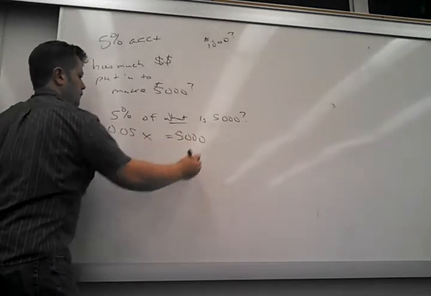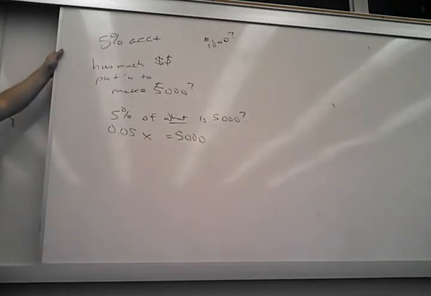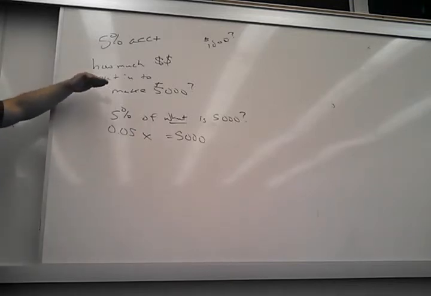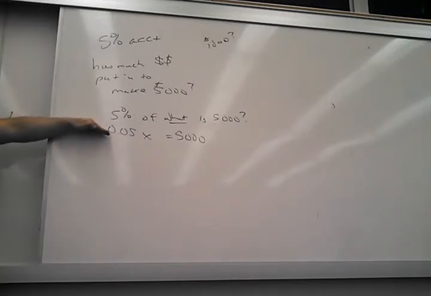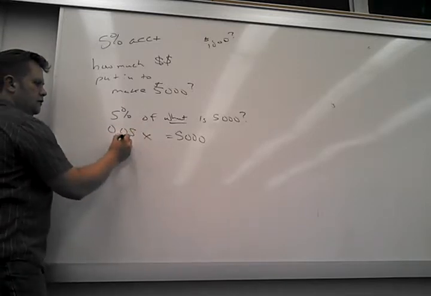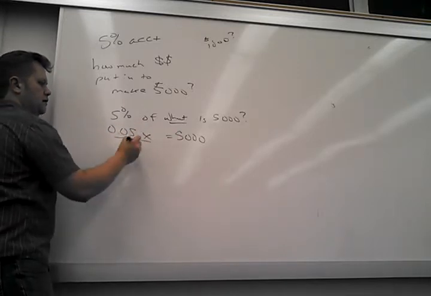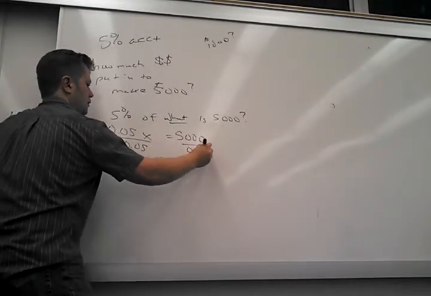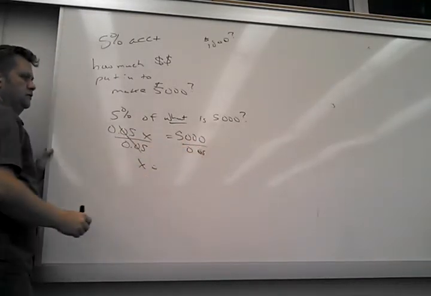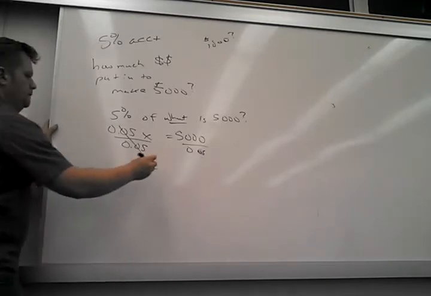So 0.05 times X equals 5,000. If you phrase a percentage problem like this, it translates directly into mathish, and then the math just eats it up, right? How do you solve this? Divide by 0.05. That's $100,000. So X equals 100,000.